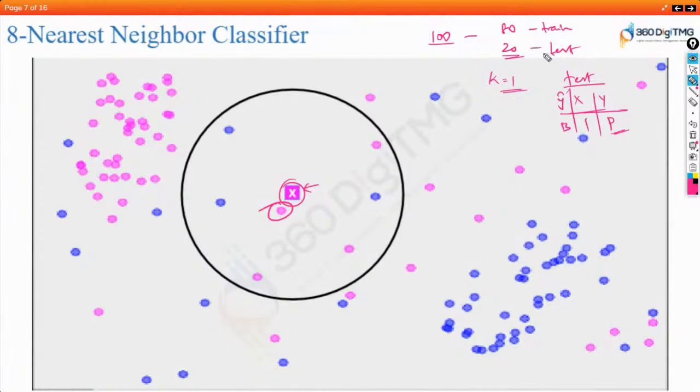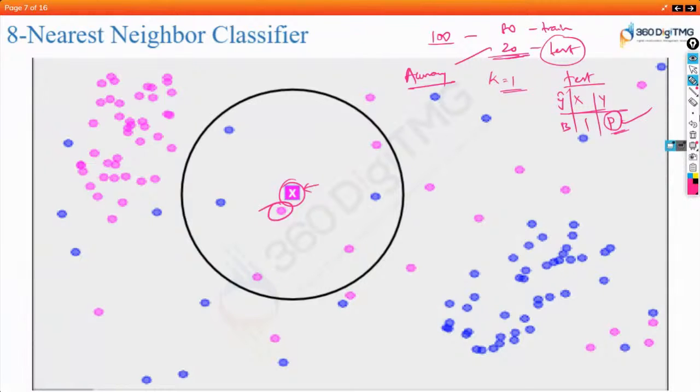So we will verify it on the test data for all the 20 records that we have here. And we'll measure the accuracy. Accuracy basically saying how well is this model predicting on new data. So if the value is pink and if you predicted it as pink, then it is a correct value.